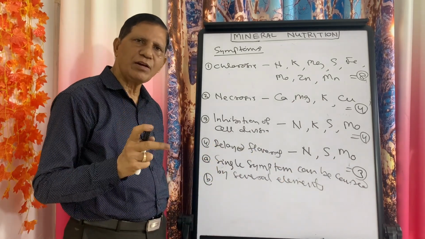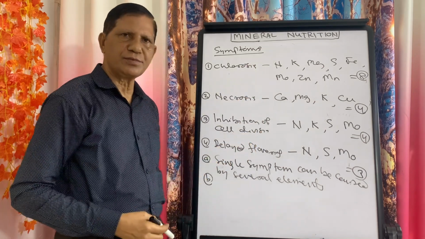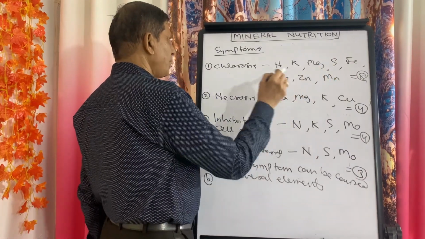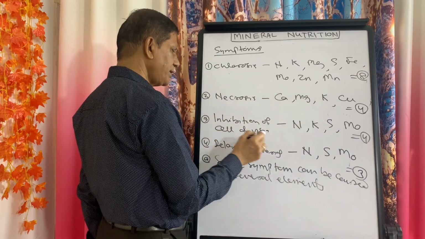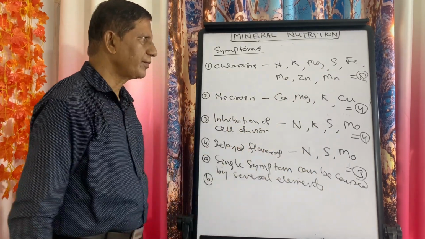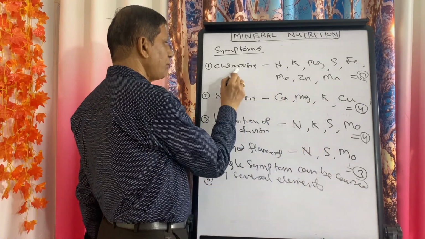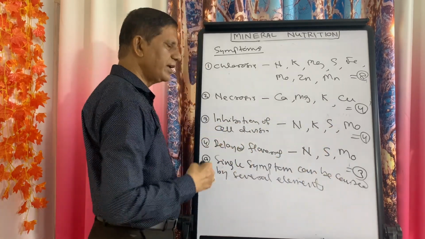That means when there is a deficiency of nitrogen, it can cause all these 3 symptoms. Similarly, take the case of sulfur. If sulfur is deficient, it will cause chlorosis, inhibition of cell division, and delayed flowering. Similarly, molybdenum: in its absence, there will be chlorosis, inhibition of cell division, and also delayed flowering.